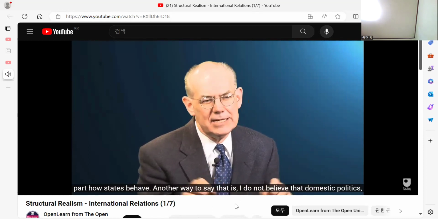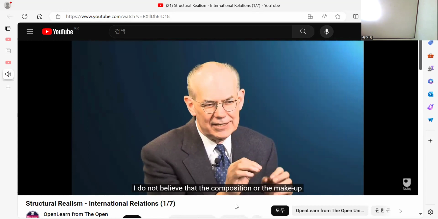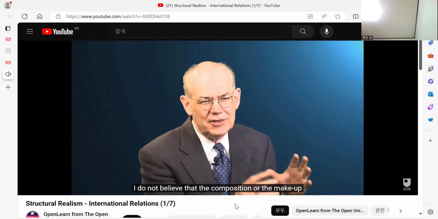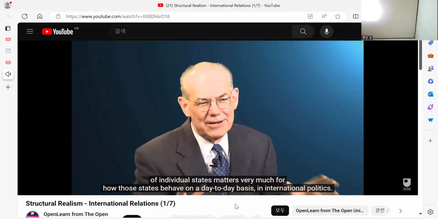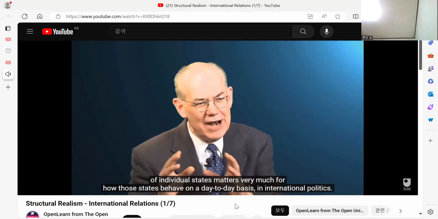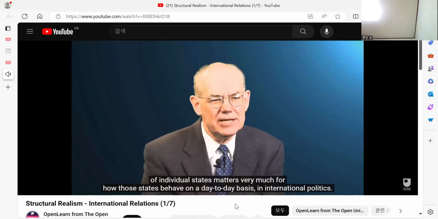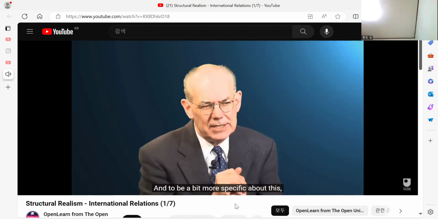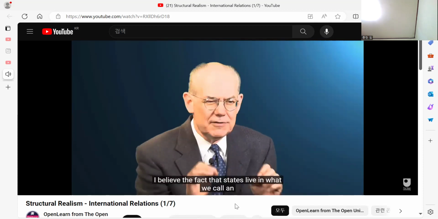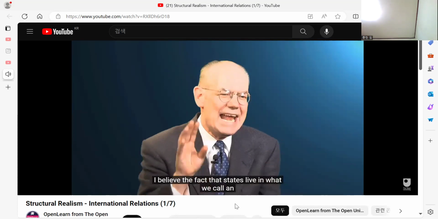Another way to say that is I do not believe that domestic politics, I do not believe that the composition or the makeup of individual states matters very much for how those states behave on a day-to-day basis in international politics. And to be a bit more specific about this, I believe the fact that states live in what we call an anarchic system.